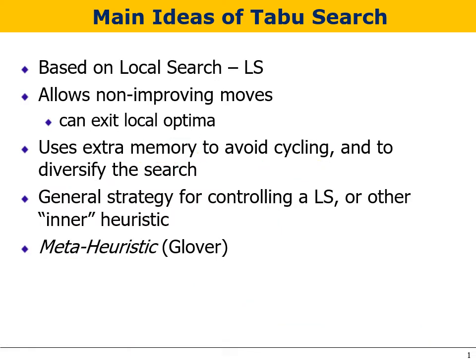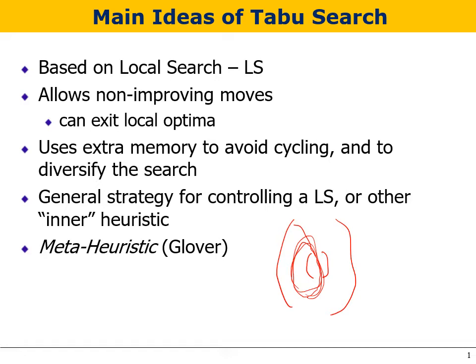It can be said that Tabu search is a general strategy for controlling a local search or some kind of other inner search. So we can say that there is a local search algorithm here, and at the top of this there is the Tabu search procedure. So the Tabu search uses this local search algorithm again and again to find good solutions.